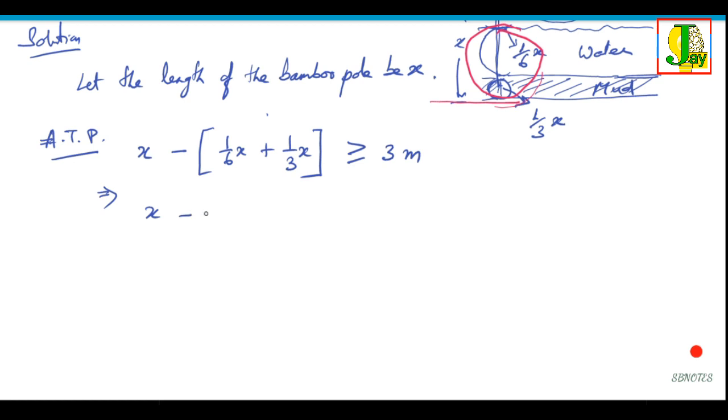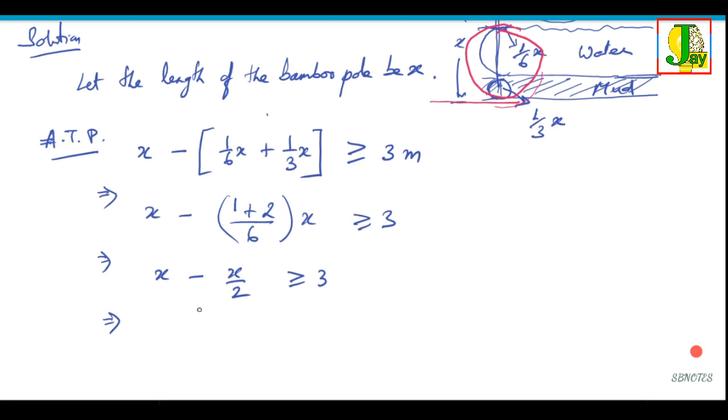So we have x minus, taking the LCM, we can take x common. The LCM of 1/6 and 1/3 is 6, so 1 plus 2, that's greater than or equal to 3. So we have x minus 3/6, that's half x, greater than or equal to 3.